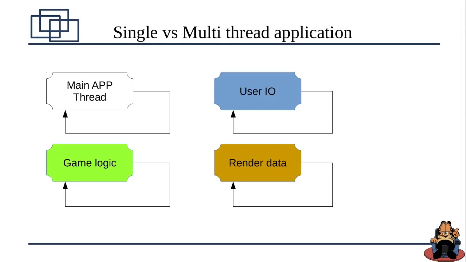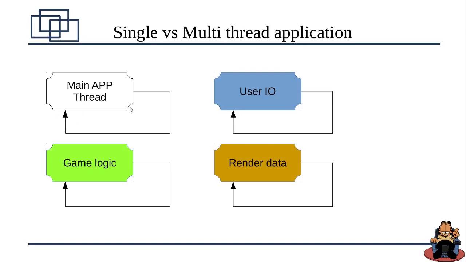In a multi-thread application, each task is run by a different thread. So user IO is running on a different thread, game logic is running on a different thread, and data rendering is also running on a different thread. In multi-thread applications, we need an additional thread.